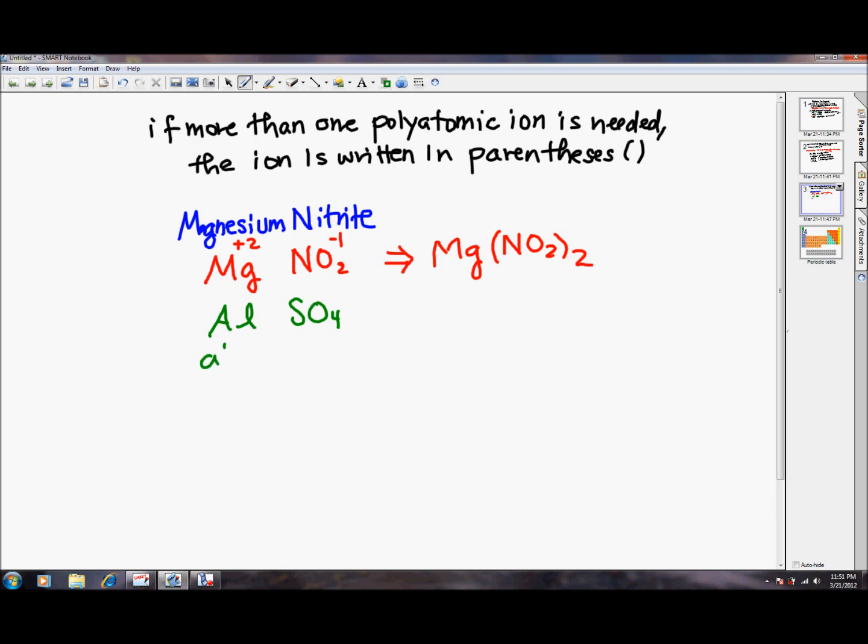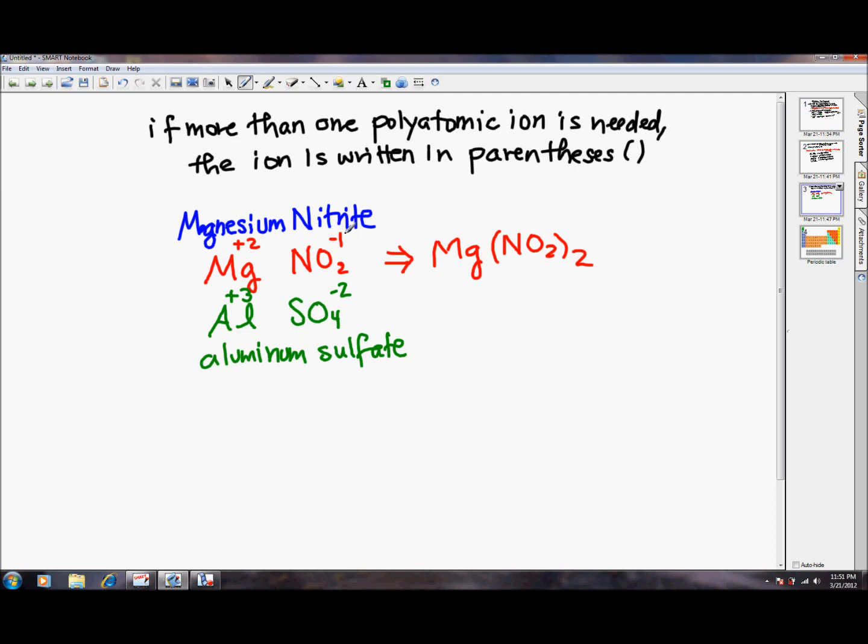Okay, this is called aluminum sulfate. Okay, so aluminum sulfate, here's aluminum, plus 3. Here's SO4, sulfate. If you look on the back of your periodic table, you'll find SO4, and its oxidation number is -2.